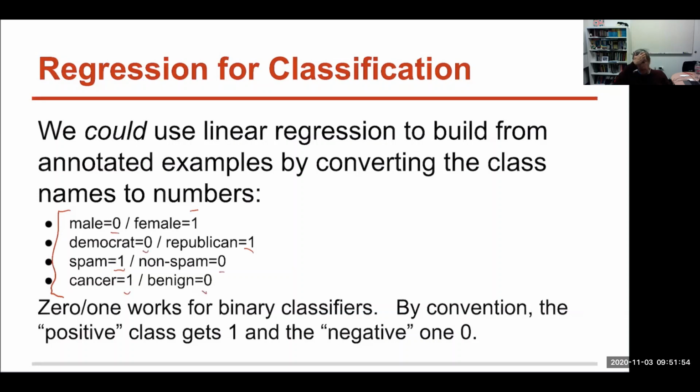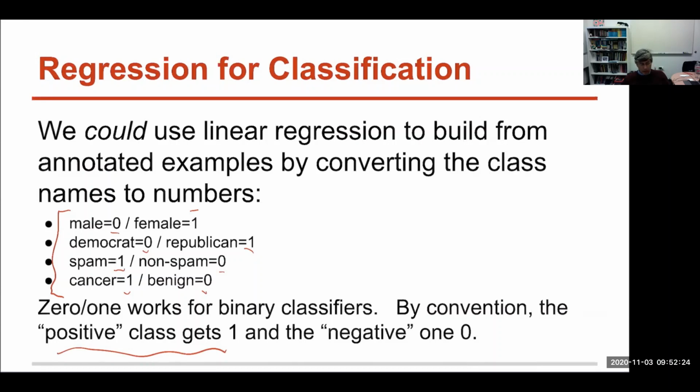Now, in some sense, you could think of using linear regression to try to predict the number associated with the class. Again, typically, when we talk about defining classes, we think that the positive class gets 1. What is positive? Positive is usually the smaller class. Positive is usually the thing that we are looking for somehow.